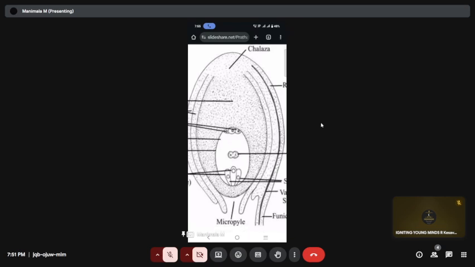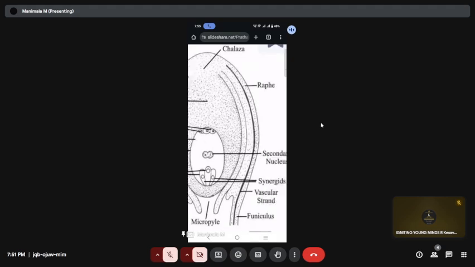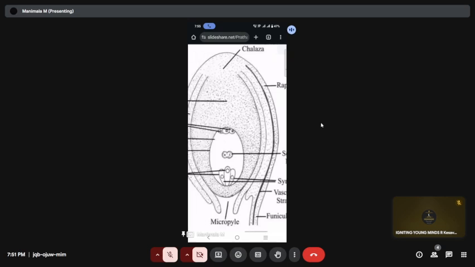If you take the central region of the ovule or megasporangium, the central body is made up of tissue called the nucellus.